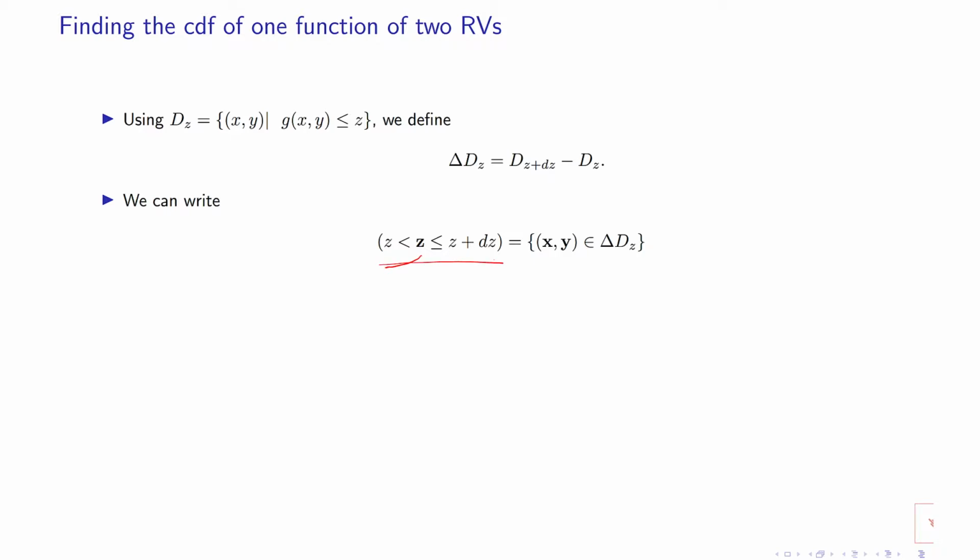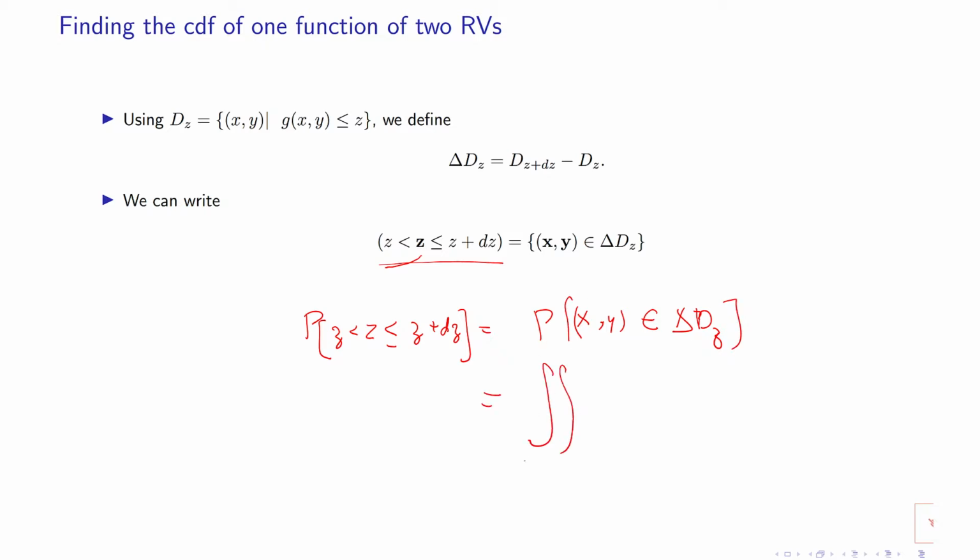If I calculate the probability of Z being bigger than z and smaller than z plus dz, it is equal to the probability that x and y is inside this delta Dz, which is equal to the integral over delta Dz.